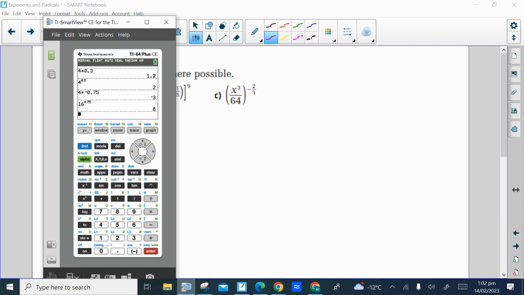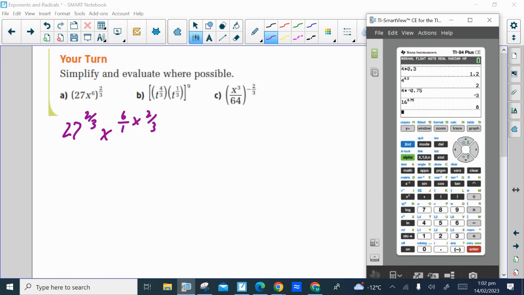But we first have 27 to the power 2/3. We can do that on our calculator. And again, you're actually going to get a number, not a decimal. 27 to the power 2/3 is exactly 9. This is the reason why. We talked about this at the start of the lesson. When you have something raised to a rational exponent, you can write it as a root, a radical. The bottom, in this case a 3, tells you what root it is.